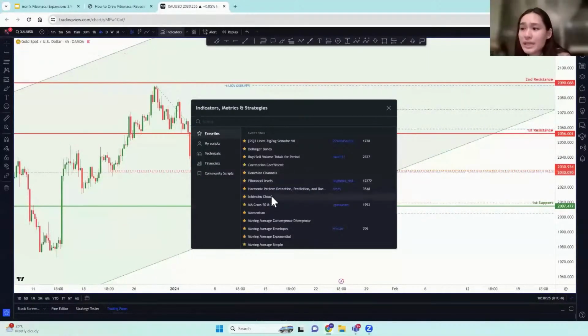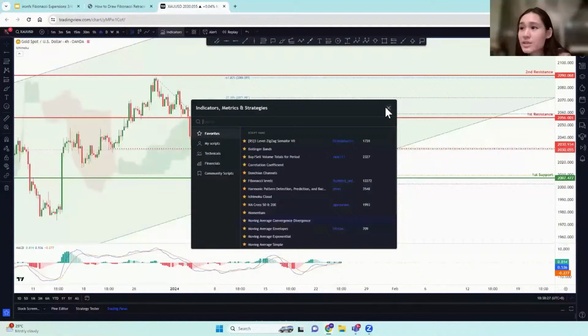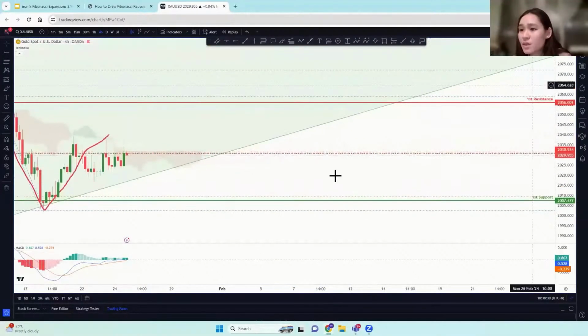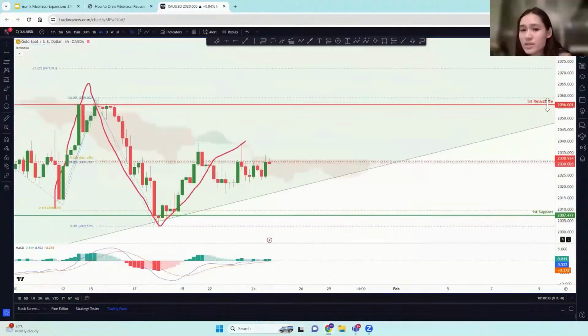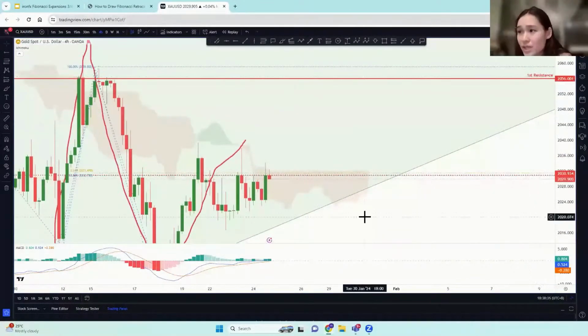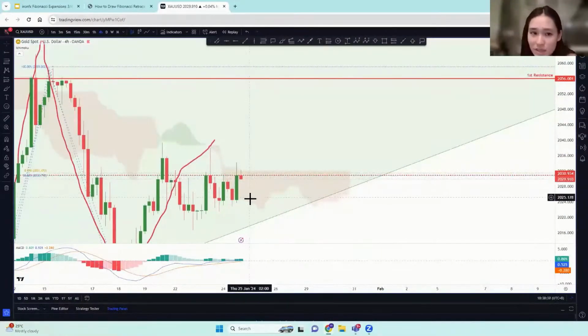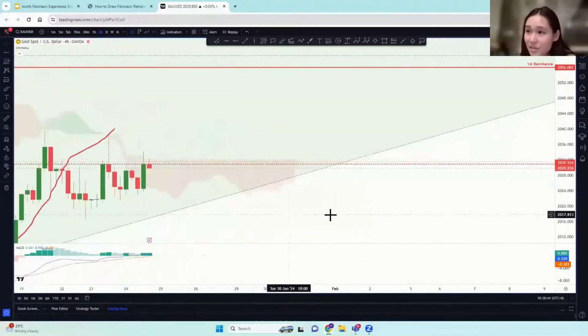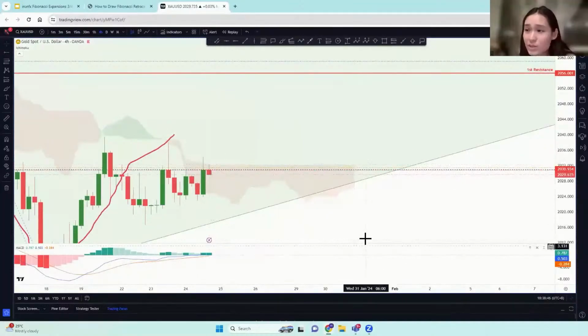Now let's pull out some indicators to support our analysis. On our Ichimoku, it looks like price is moving within the cloud. If it moves within the cloud, it doesn't really tell us much. Although it does look like it's exiting out of it if you look at the wick of the candlestick.